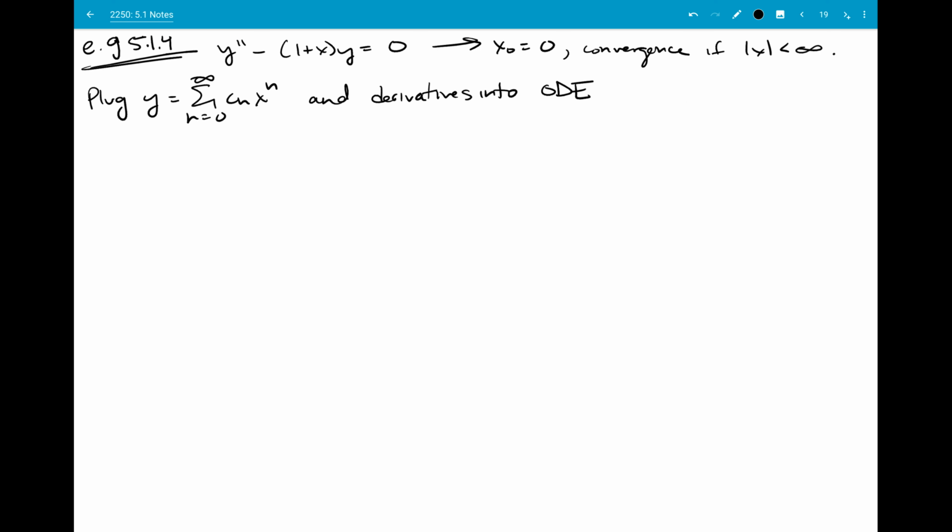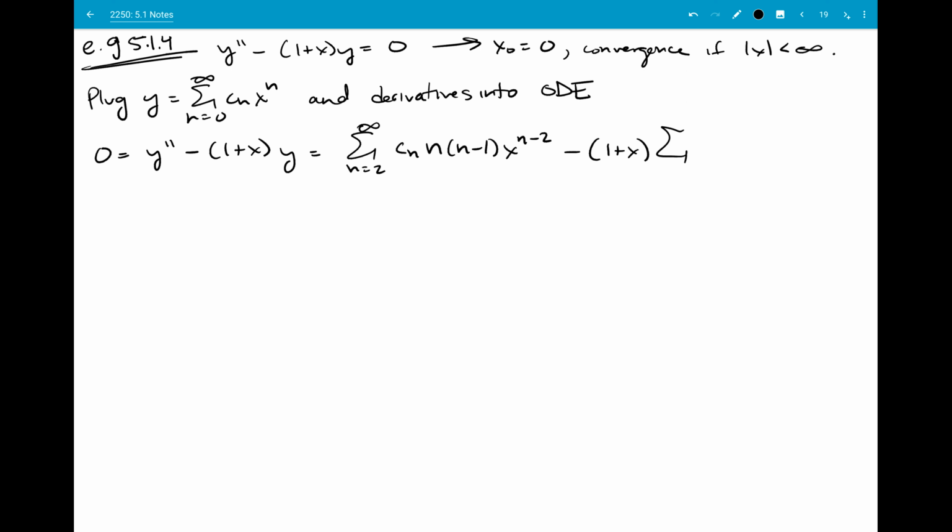So 0 equal to y double prime minus (1 plus x) times y, when we use our series, is going to be the sum from n equals 2 to infinity, c_n times n times (n minus 1), x to the n minus 2, minus (1 plus x) times the sum from n equals 0 to infinity, c_n x to the n.